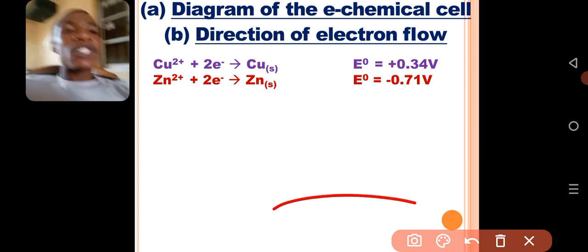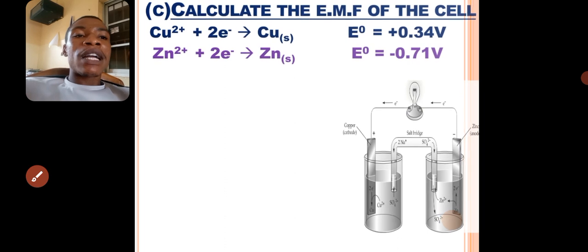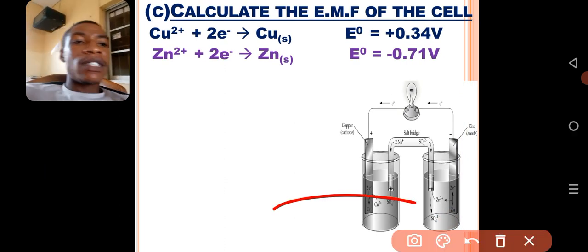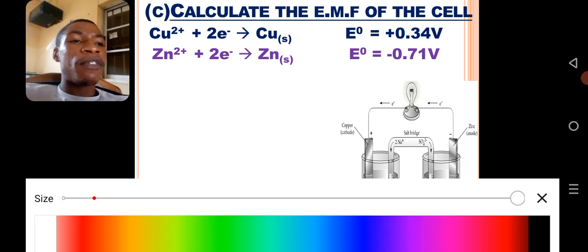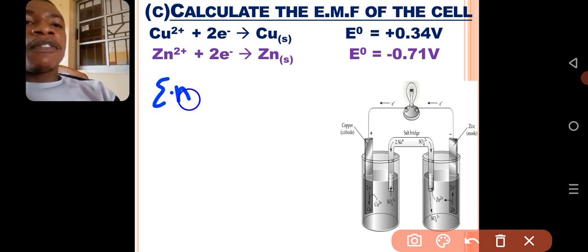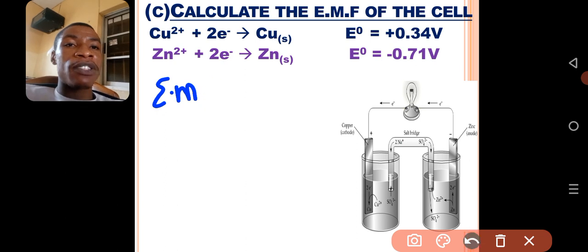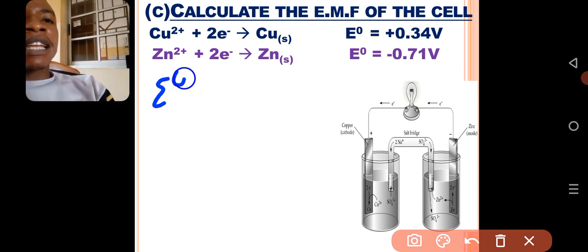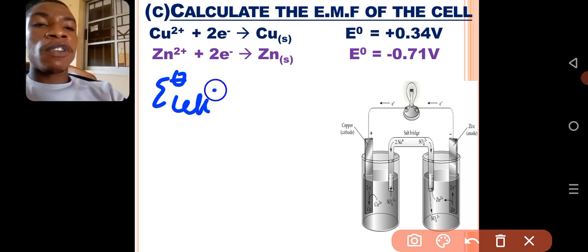So let's move to question C. Question C is asking us to calculate the EMF of the cell. Now don't forget that the EMF, or if you like E naught cell, anyhow you can call it E naught cell, is the standard electromotive force of the cell.